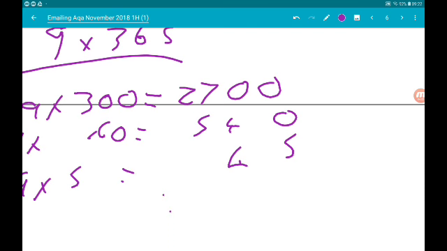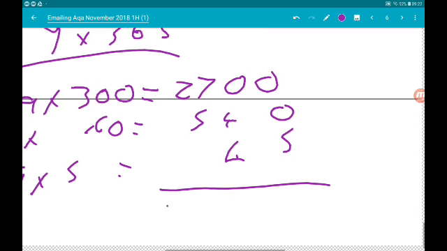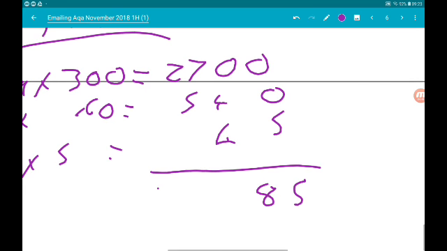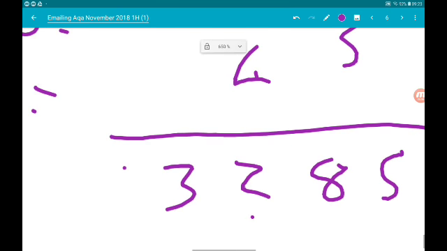So that's going to give us 0, 0 and 5 is 5. 0, 4 and 4 is 8. 27 and 5 is 32. Now, because that's only 9 times 365, to get 900 times it, we now multiply this by 100.